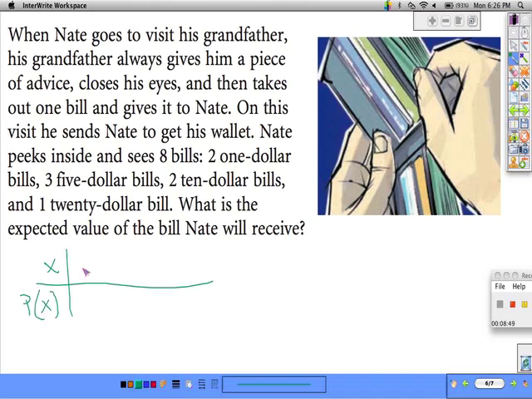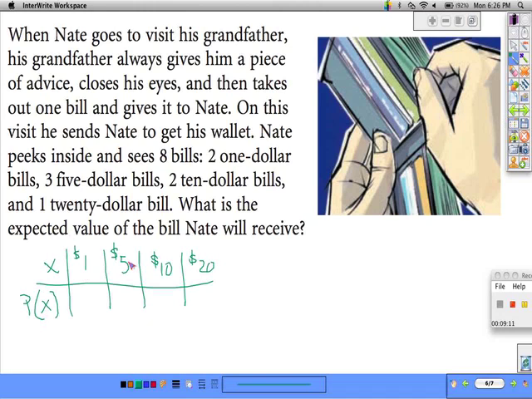The values the random variable can take here, random variable stands for what we're getting from Grandpa. We could get $1. We could get a $5 bill. We could get a $10 bill. Or we could get a $20 bill.